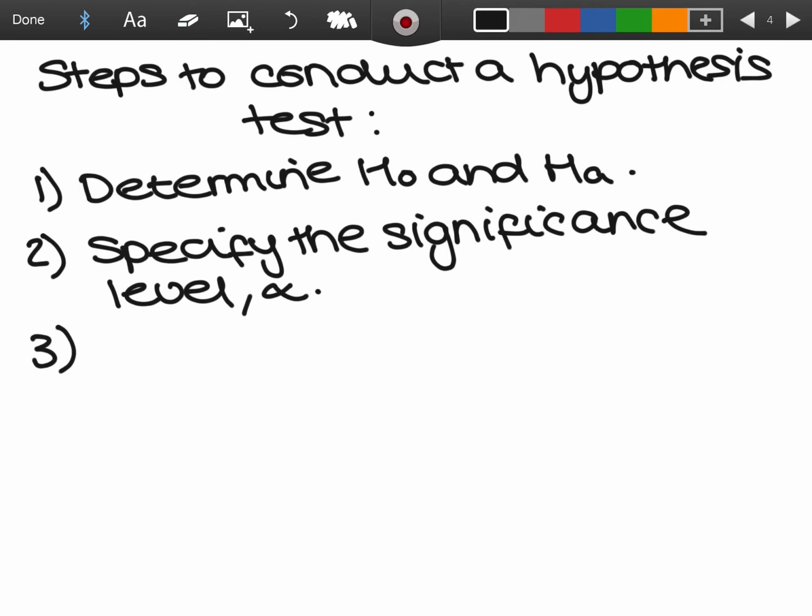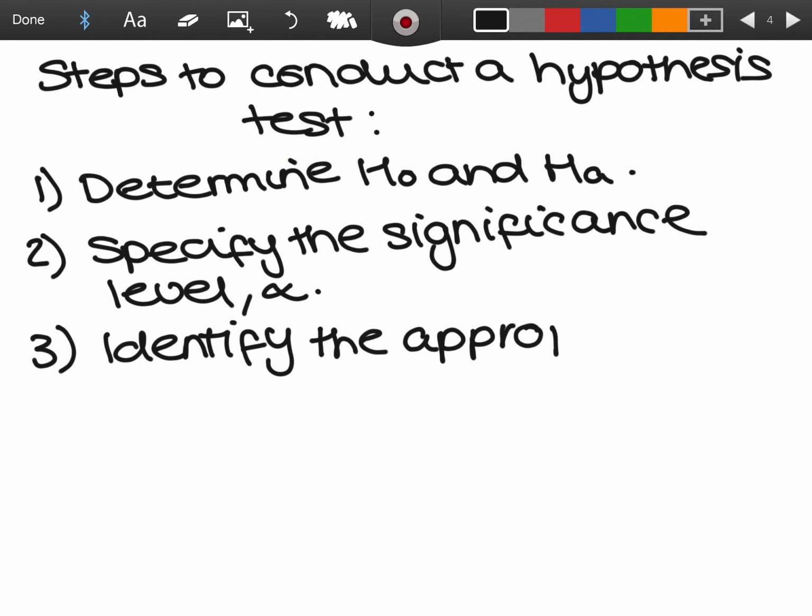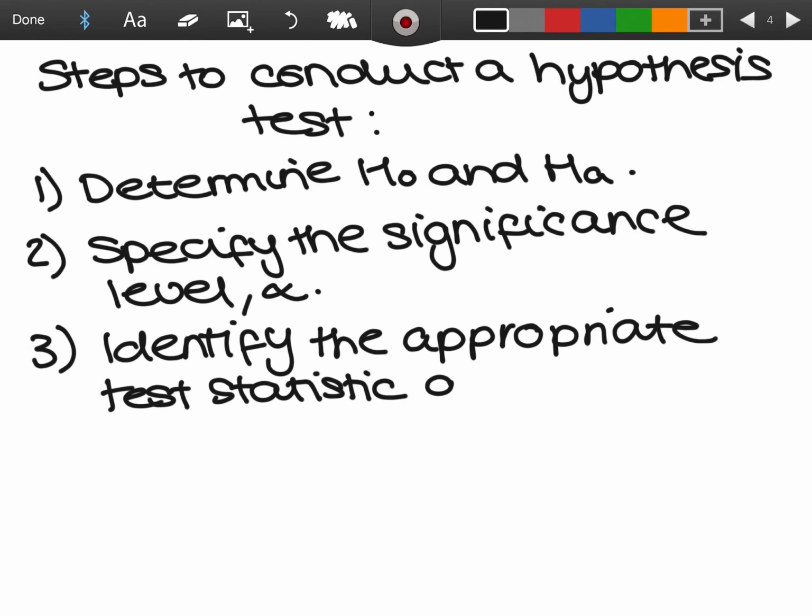Step 3 is to look for a test statistic and to compute its value. Again, we will look at these in 11.2, so don't worry about it right now. But I want you to see as you go through 11.2, you can kind of check these off so that you know as you go through one of these hypothesis tests exactly what you're supposed to do. So identify the appropriate test statistic and compute its value.